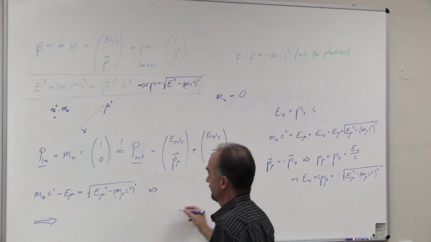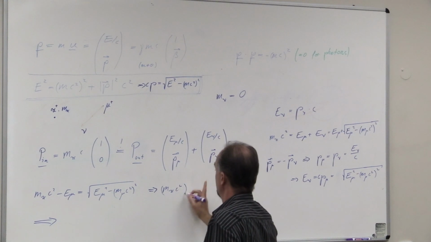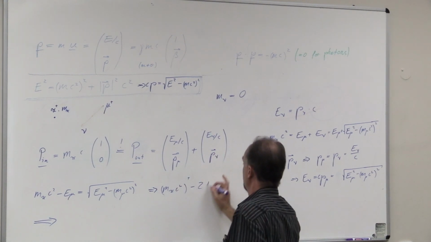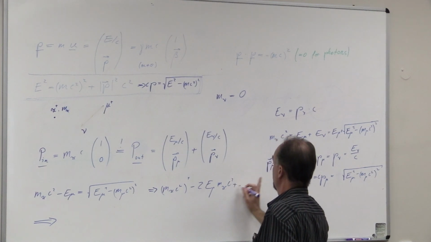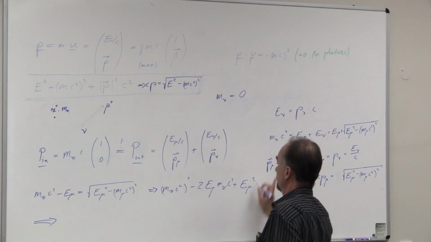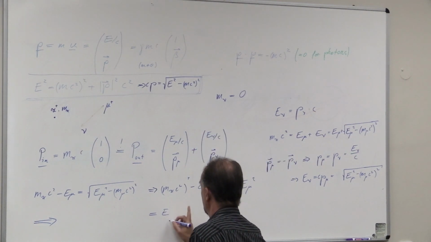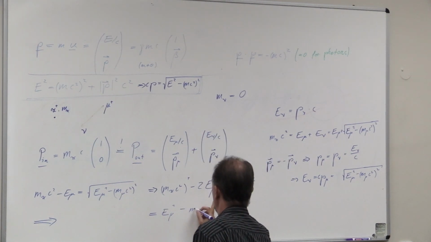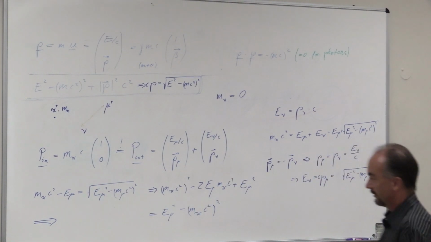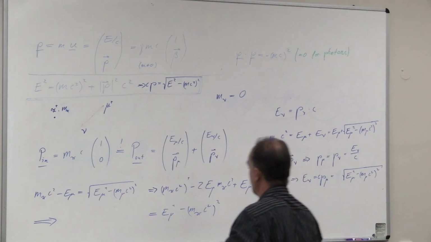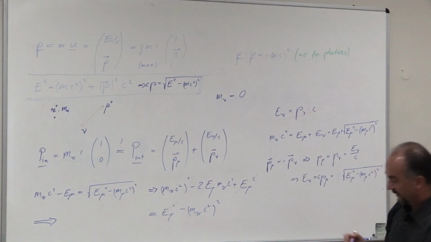Squaring this gives m pi c squared minus 2 m pi c squared E mu plus E mu squared equals E mu squared minus m mu squared c to the fourth, right? The E mu squared drops out, and we are simply left with a linear function.